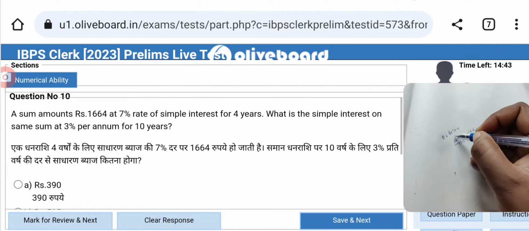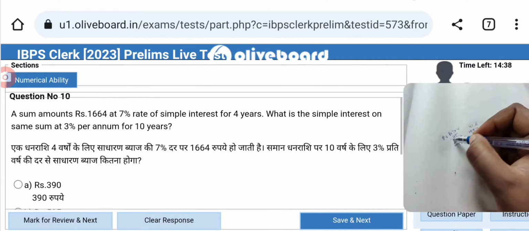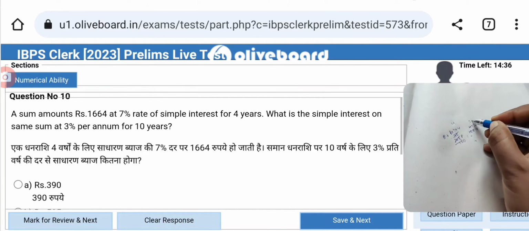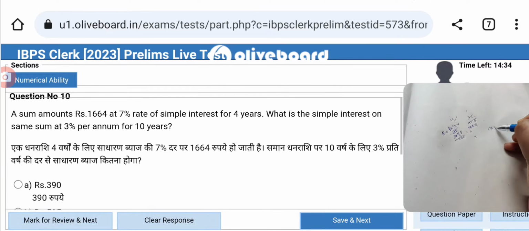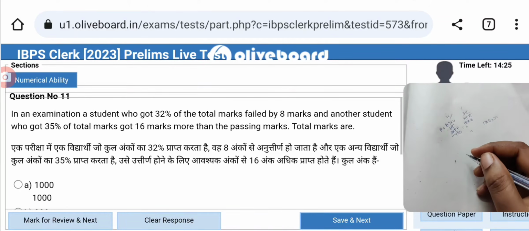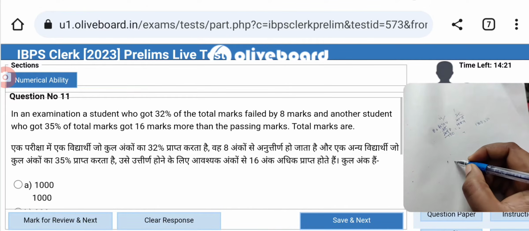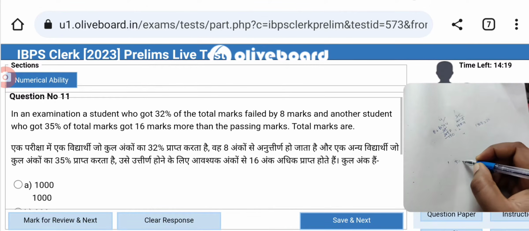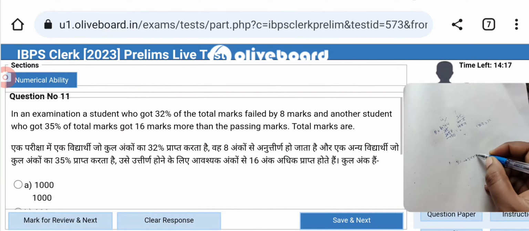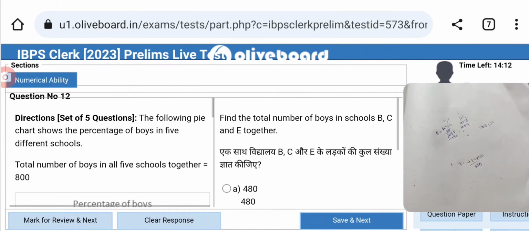So 32, 416, 482. So 1300. Then what is 3%? 390. In an examination, a student got 32% of total marks and failed by 8, and another student. So 3% is 24. Then what is 100%? 800. Okay. Option C.